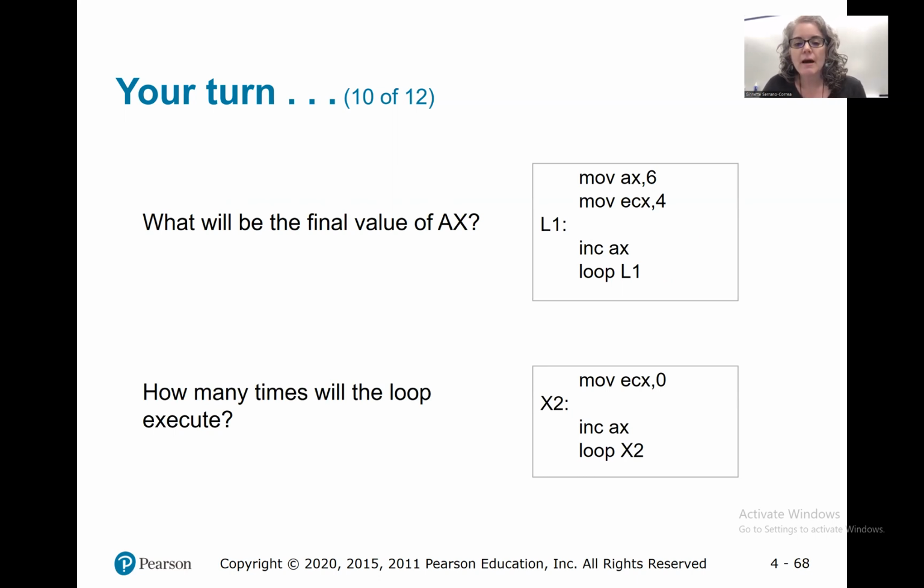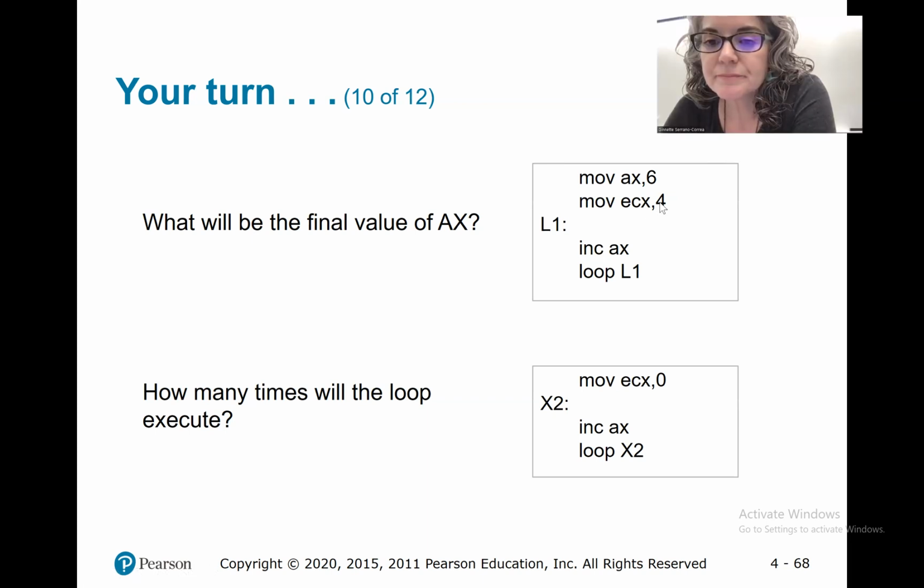So here we're looking at an example of a loop, and we want to see what's going to be the final value of AX. You could pause this and just do it on paper. Our counter is 4. That means that this loop is going to iterate 4 times.